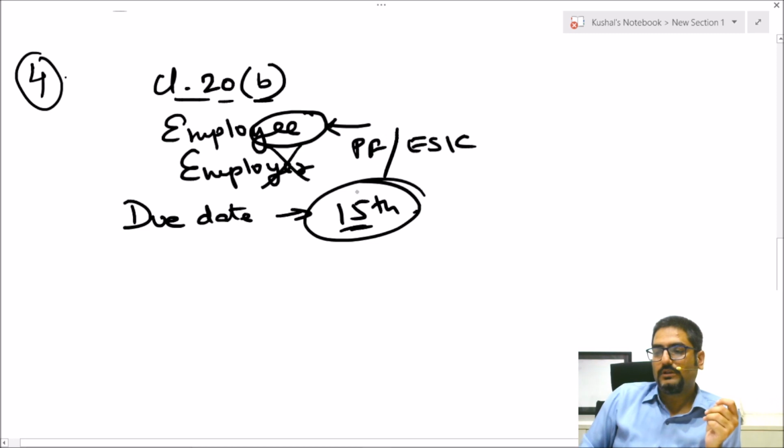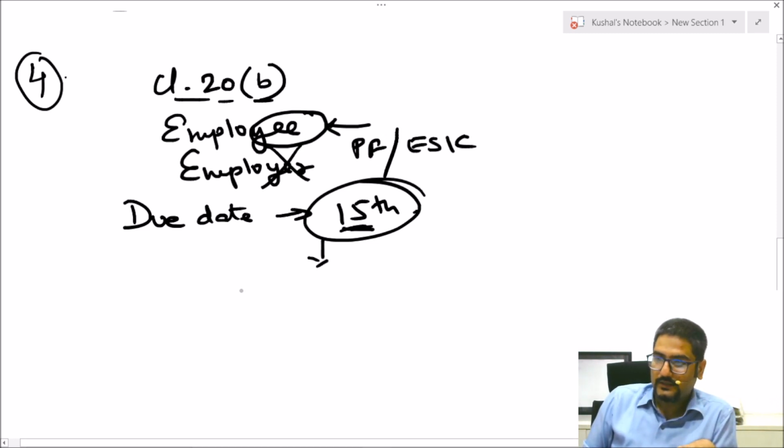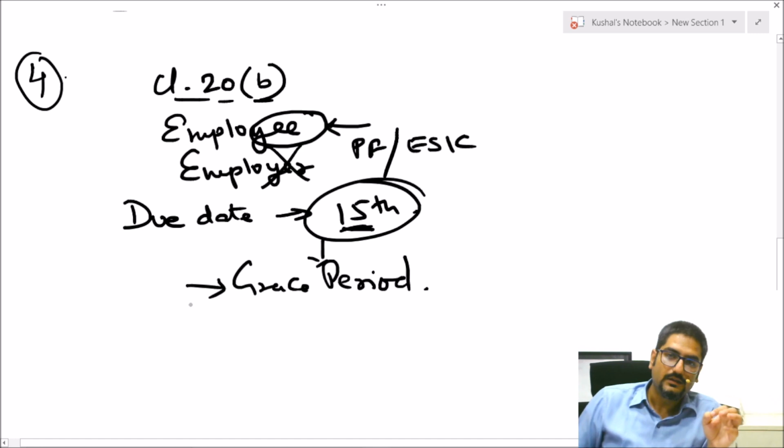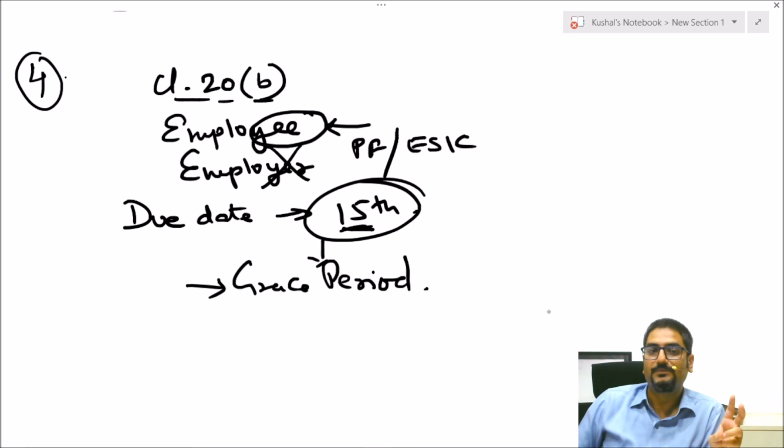Please also note that no grace period is now allowed in this. So the law is very clear: the employee contribution needs to be reported, but not the employer contribution. No grace period. The 15th is the due date for payment. So please take care of this.